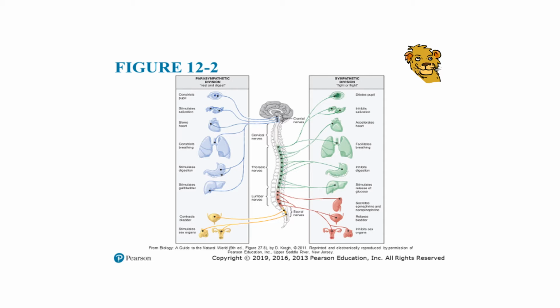So the parasympathetic division is really leaving from the brainstem in the form of cranial nerves. Okay, so for example, cranial nerve 3 can go to the pupil. There's a very large cranial nerve called the vagus nerve, the vagal nerve, that's cranial nerve 10.